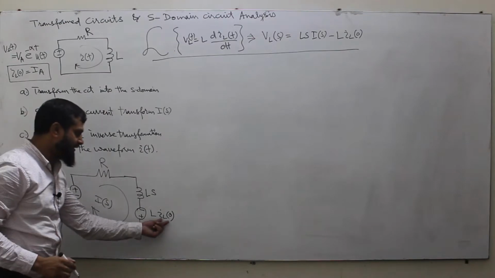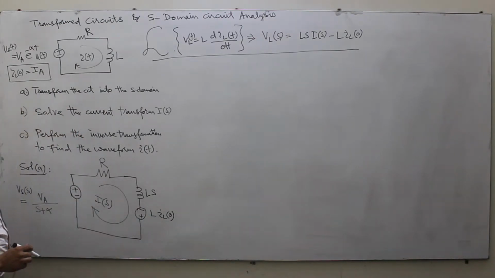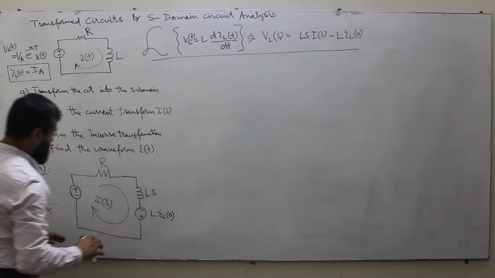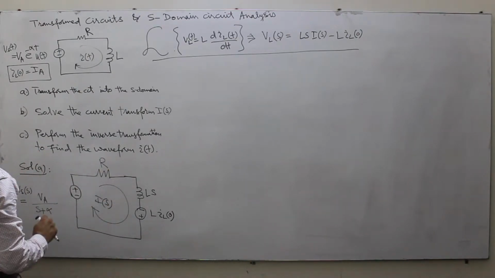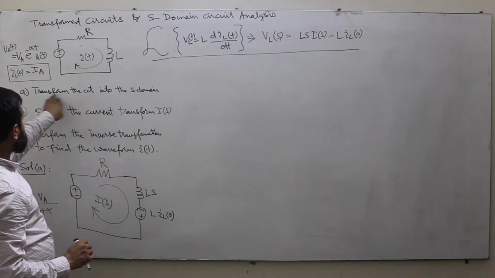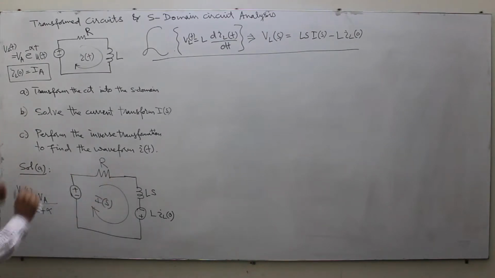So in this circuit, this is a current controlled voltage source, and we have already talked about this. So this is now our A part solution: the transformed circuit, the circuit in the S domain for this time domain circuit.